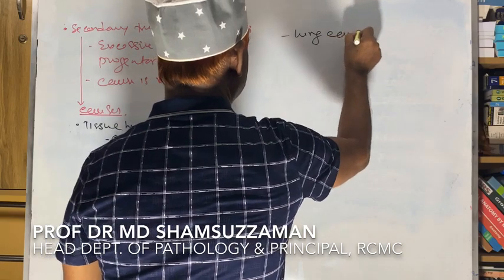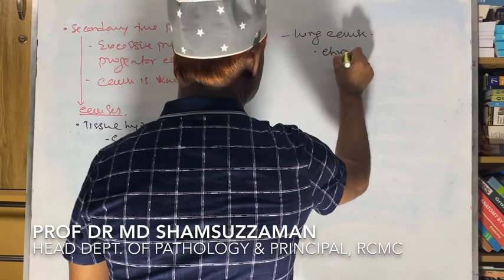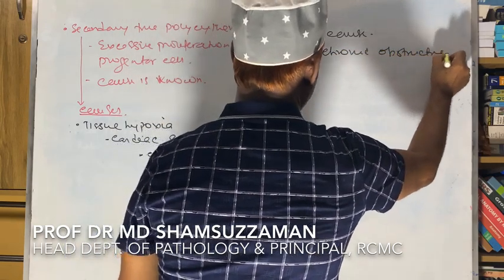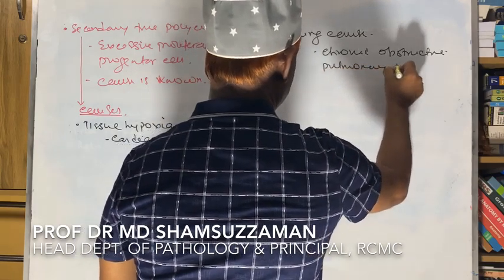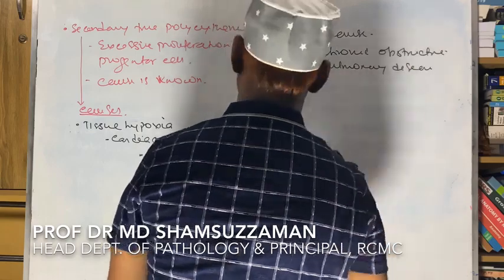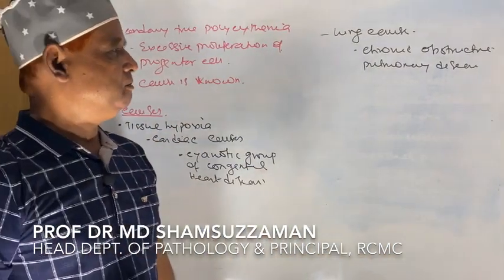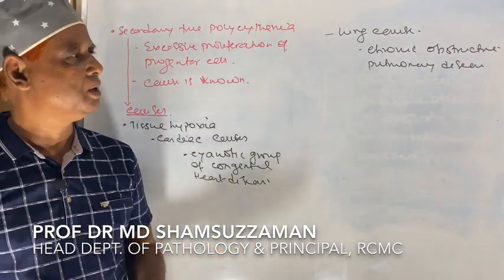Lung causes like chronic obstructive pulmonary diseases. Dear audience, you know chronic bronchitis, emphysema, bronchiectasis, bronchial asthma.